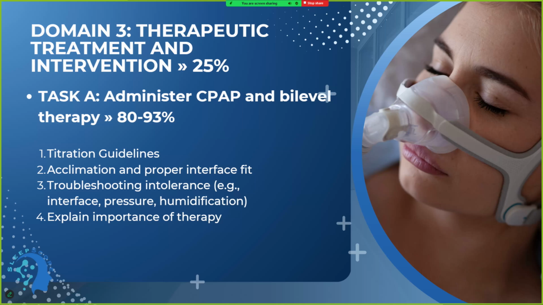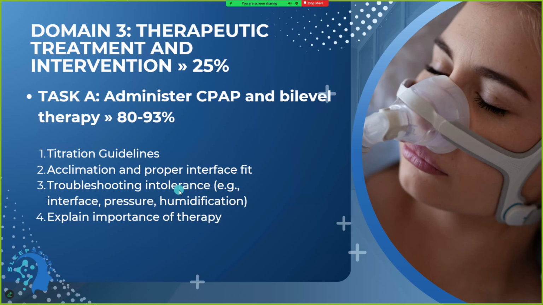You have to understand how to make the patient feel comfortable. Acclimated means the patient is supportive or satisfied with the mask fitting and the therapy. That's called acclimation. And the proper interface means mask fit. Interface means mask, okay? So you have to know how to fit the mask.